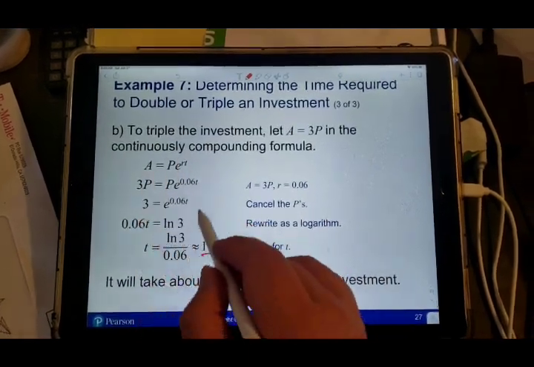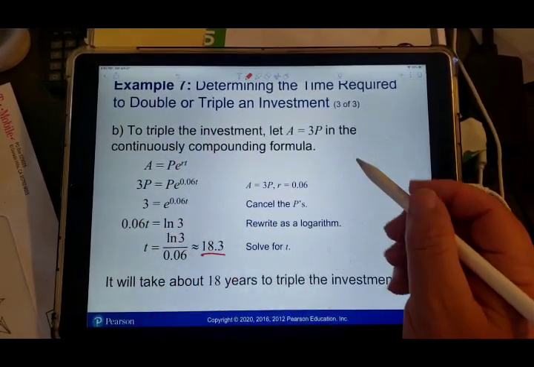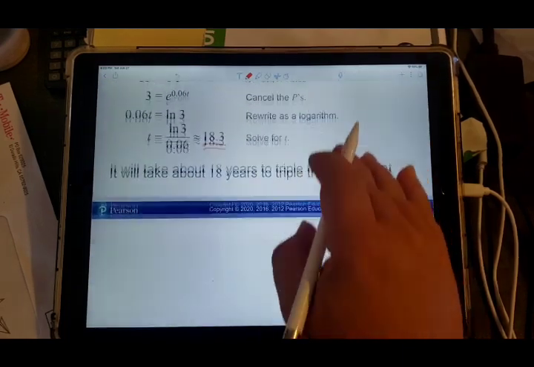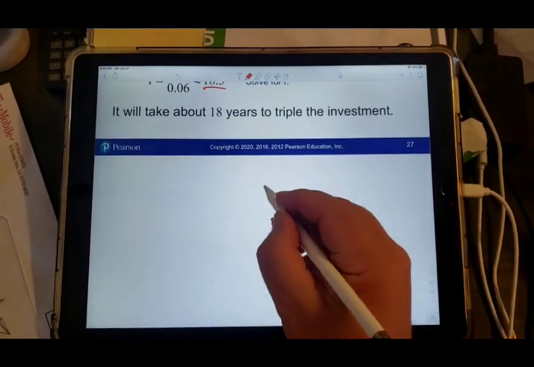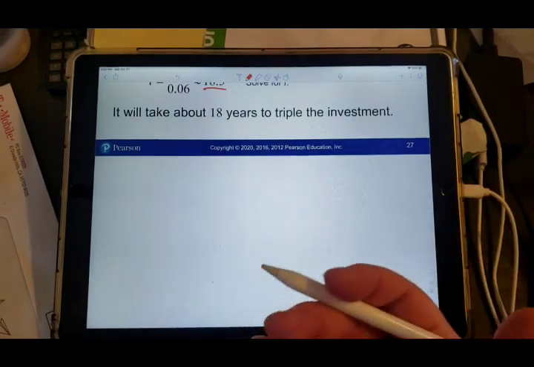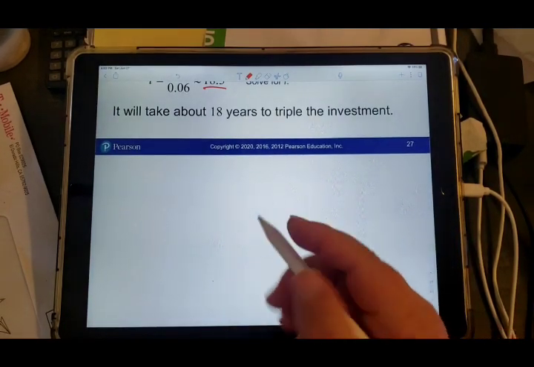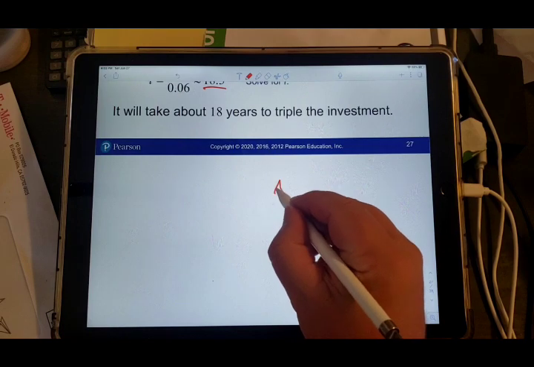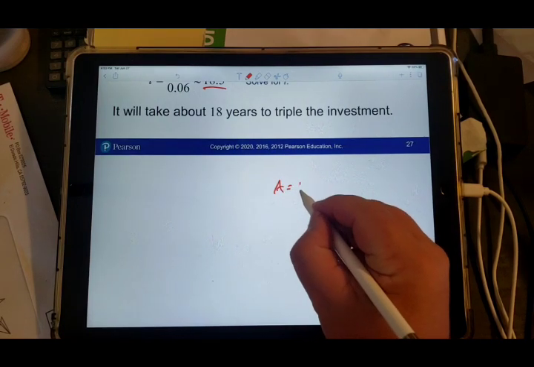I just want to say this little trick is also done with the other formula. If they ask for the tripling time, not compounded continuously, but compounded annually, substitute into this formula.